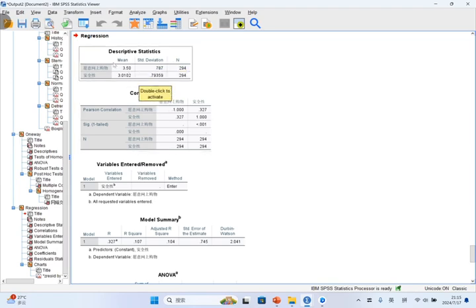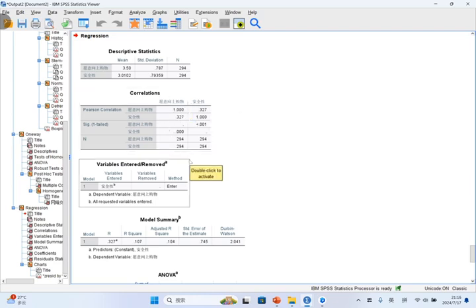The descriptive statistics show the means and standard deviations of the independent and dependent variables. See, mean 3.5 and the standard deviation 0.787. And the correlation result shows that security is positively related to willingness to shop online.